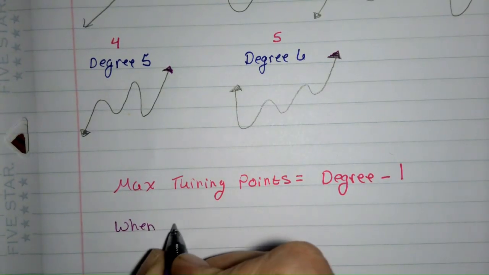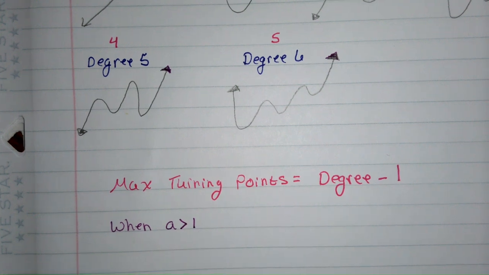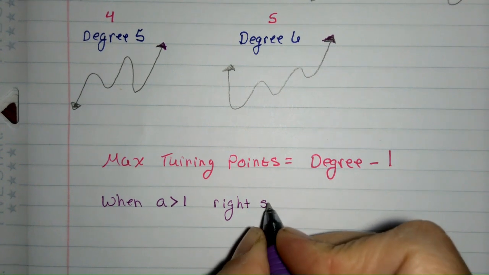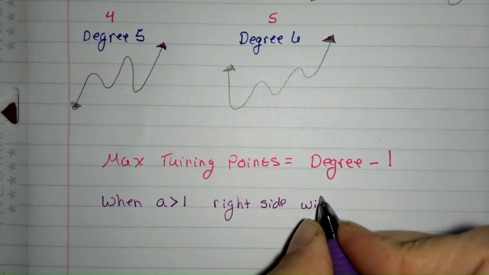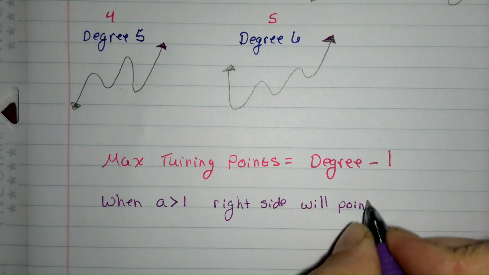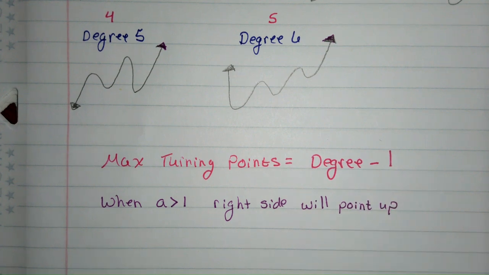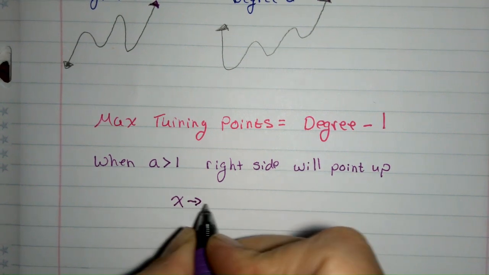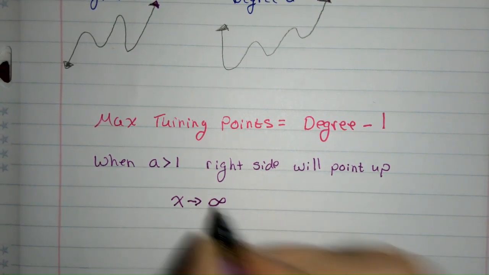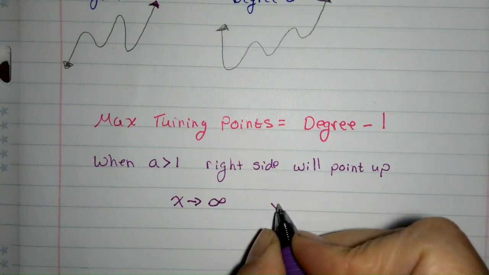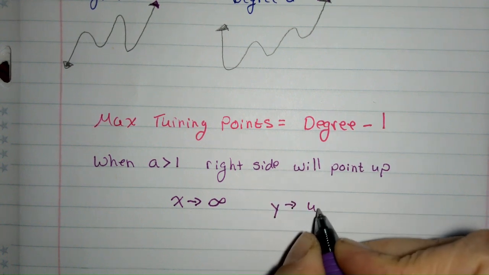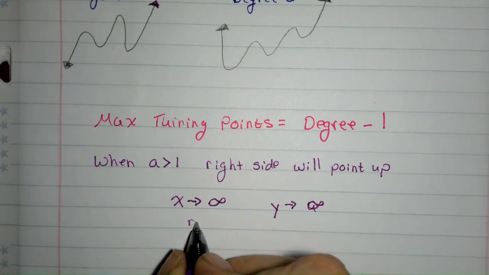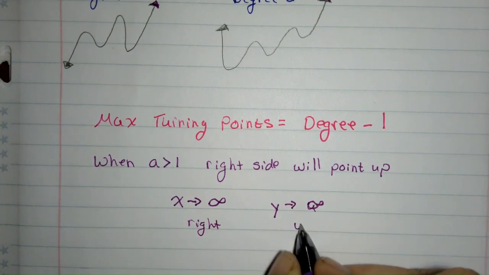So when a is positive, the right side will point up. Now you're often going to see it written as x goes to the right, which would be infinity, y goes up to infinity, right and up.